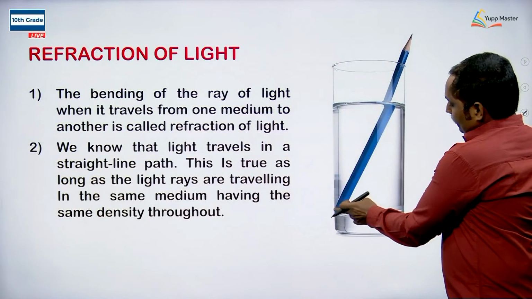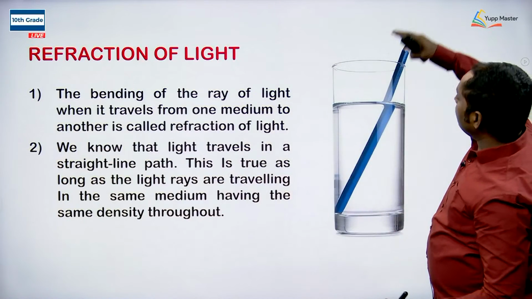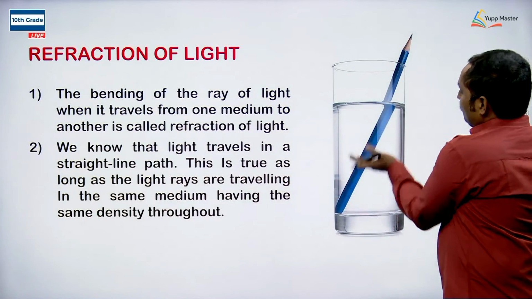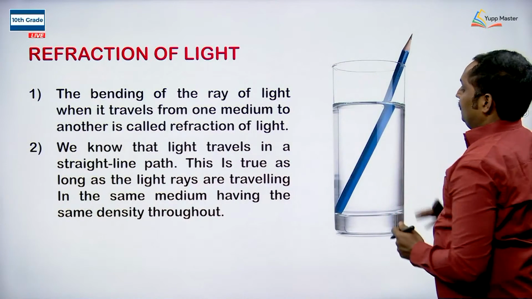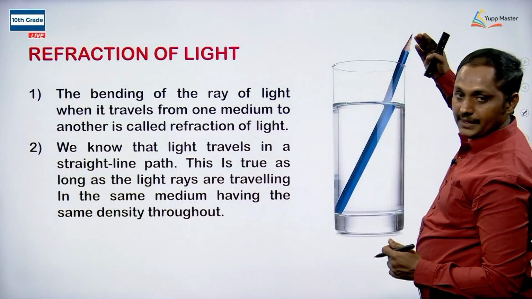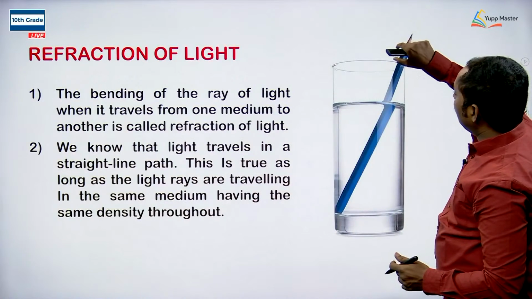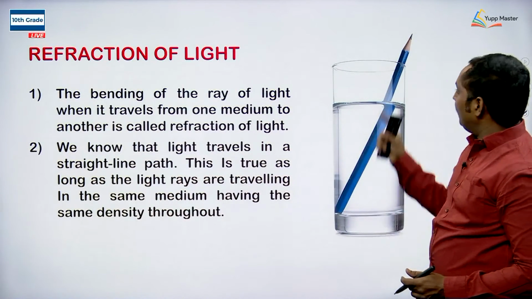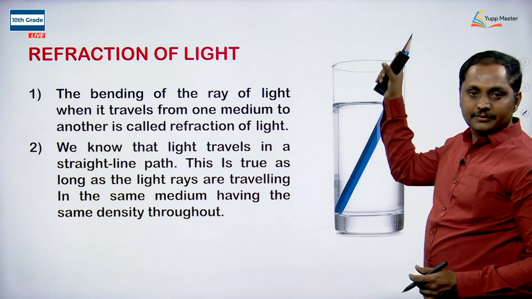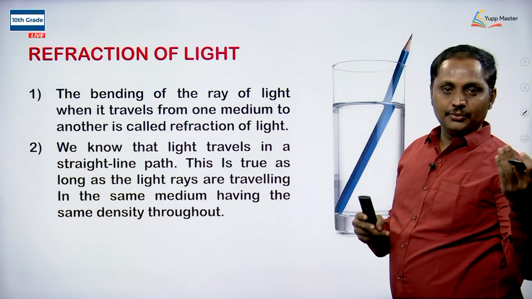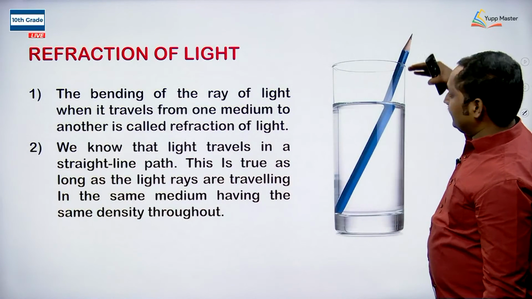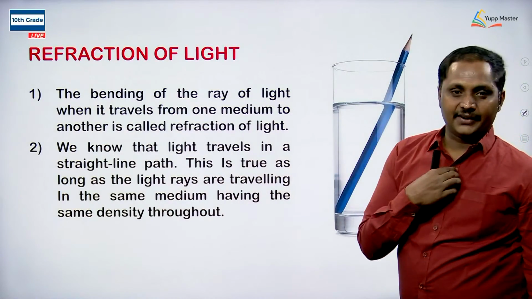From the bottom surface of the glass, light is again going to be refracted, from water to air. So, from lower density to higher density, from air to water, there is refraction. Whenever it enters from air to water, there exists a refraction.